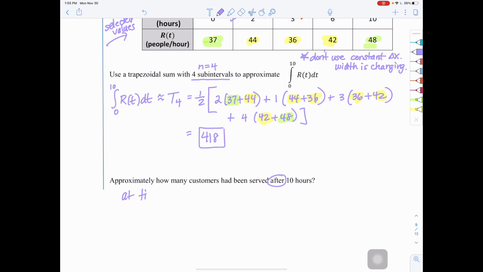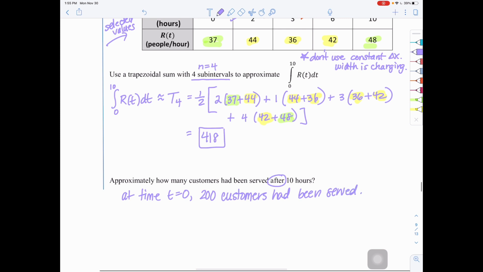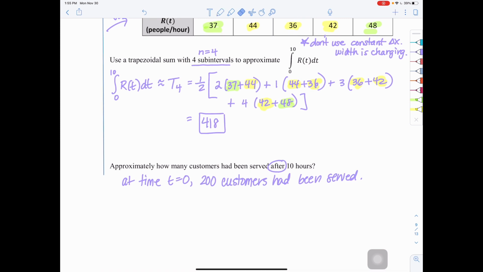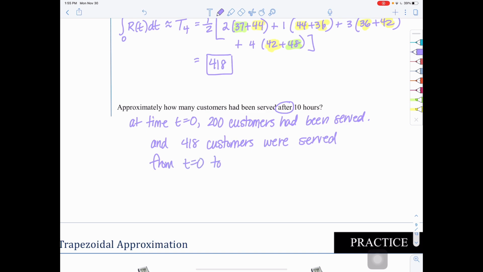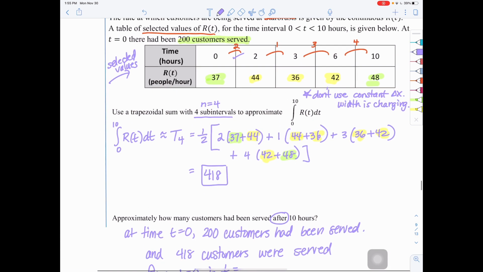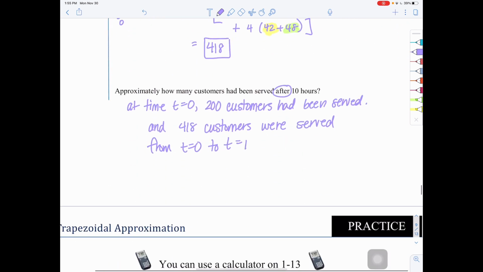So at time t equal to 0, 200 customers had been served, and we've accumulated over time 418 customers served from t equal to 0 to t equal to 10 hours.